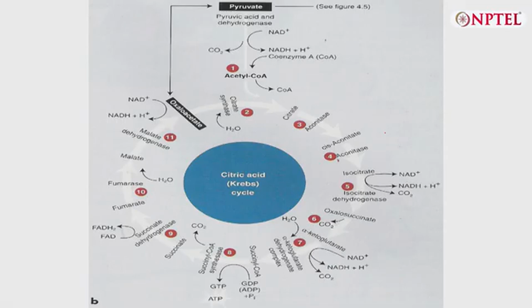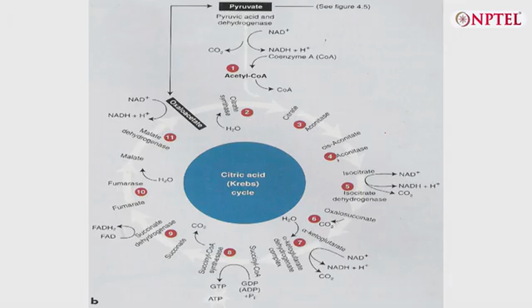There are different enzymes responsible for these reactions to occur. Particularly, the rate limiting enzyme for the Krebs cycle is SDH, succinate dehydrogenase, which is a very important enzyme that regulates the citric acid cycle.